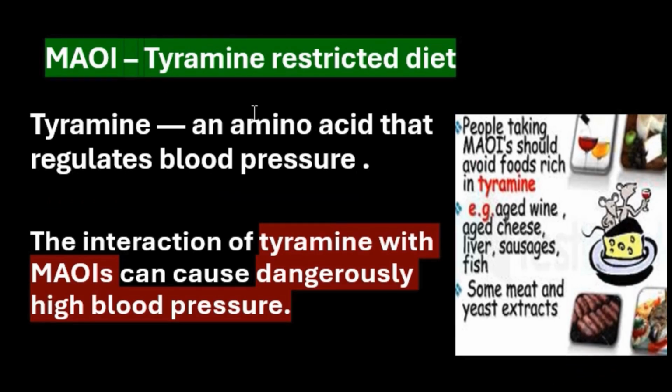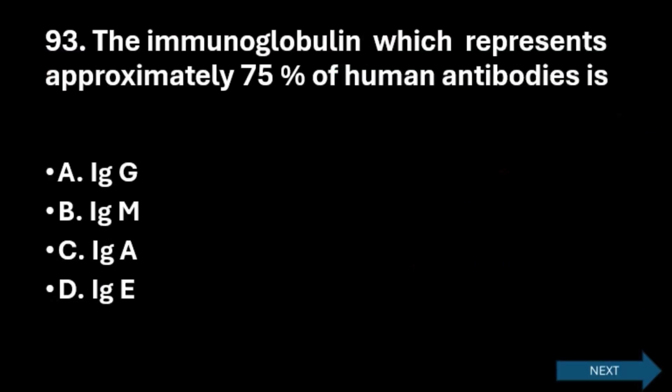With the MAOI category of drugs, a tyramine restricted diet should be followed. Tyramine is an amino acid that regulates blood pressure. The interaction of tyramine with MAOI can cause dangerously high blood pressure. That's why with MAOI, we cannot take tyramine rich food. A tyramine restricted diet should be followed.